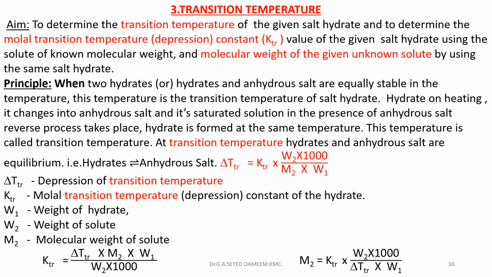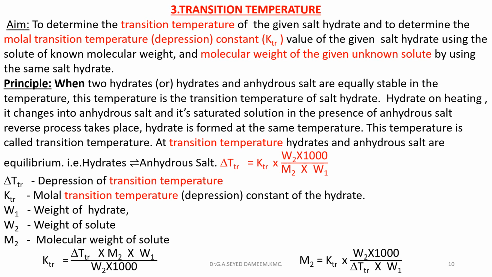Here, first, using the known solute, the transient temperature of pure salt hydrate, let it be T1, the transient temperature of salt hydrate plus known solute, that is T2, and the transient temperature of salt hydrate plus unknown solute, that is T3. So T1 minus T2 is delta Tr, and from this value the Ktr value is calculated.